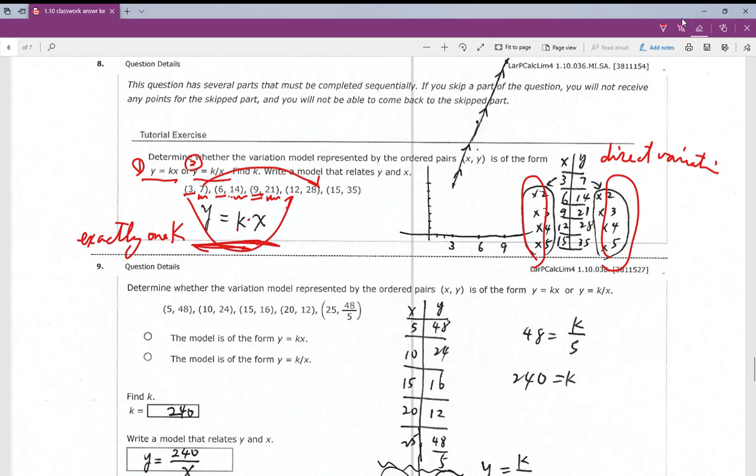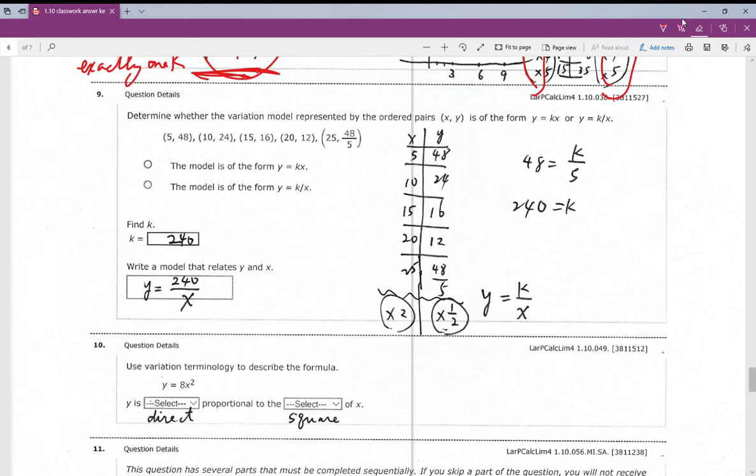Number 9. Number 9, same thing, they give you data. And this time you can see that when x times 2, y divided by 2, right? When x times 3, y divided by 3.